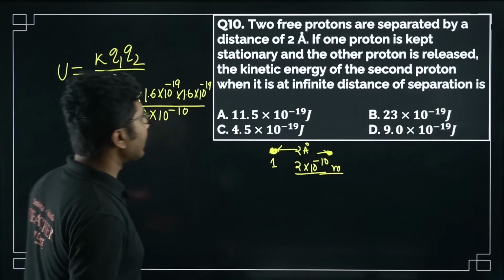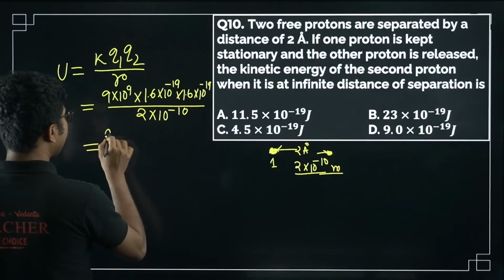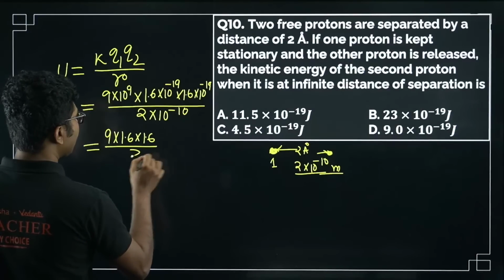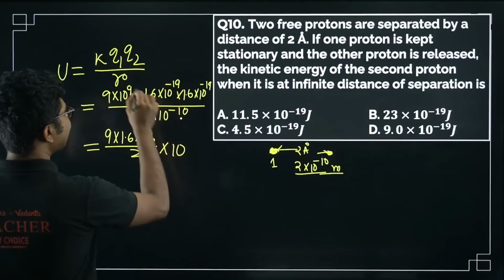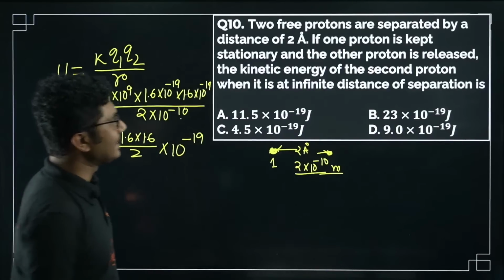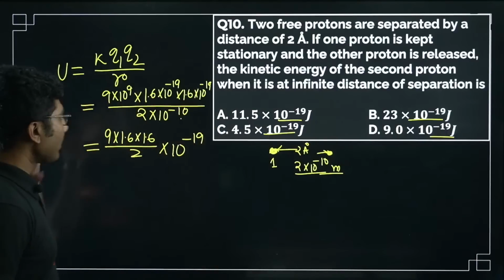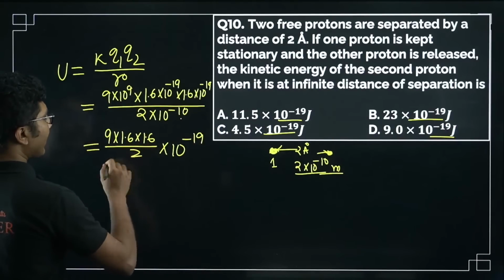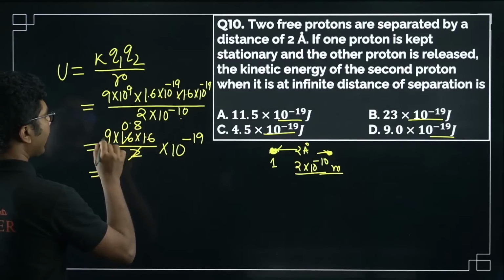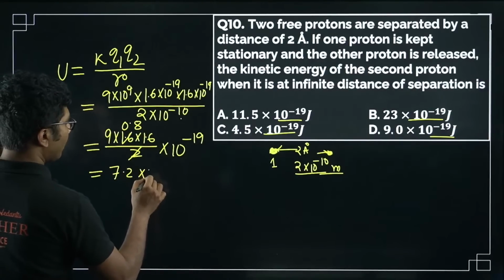Now, how to calculate this answer? Let's see. 9 into 1.6 into 1.6 divided by 2 into 10 to the power of plus 19 minus 19 minus 19. So it will be minus 19. Now in this question obviously the 10 to the power of minus 19 are not the same, so we have to calculate the values here. It will be 0.8 into 9, 7.2, into 1.6.